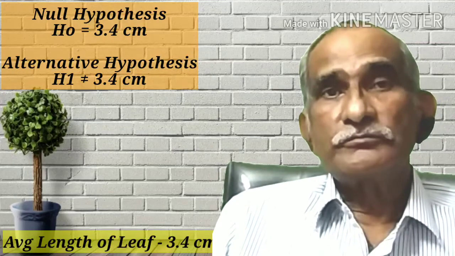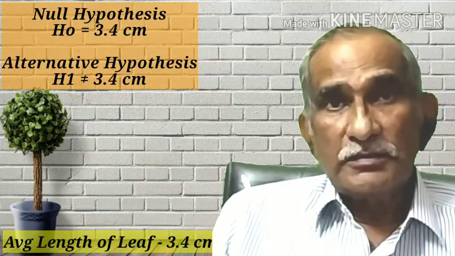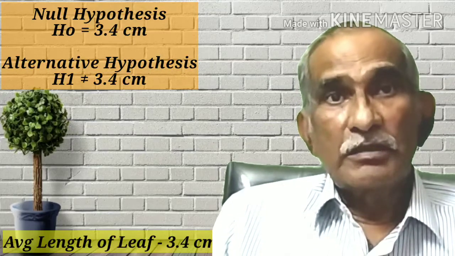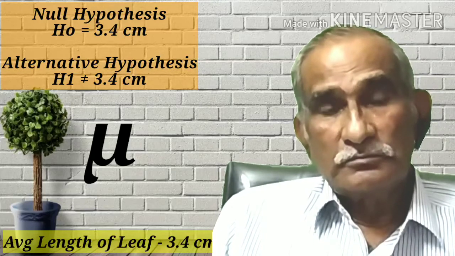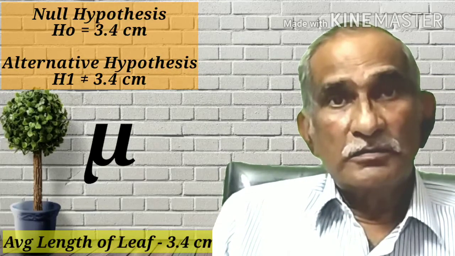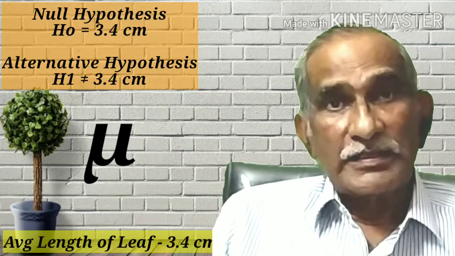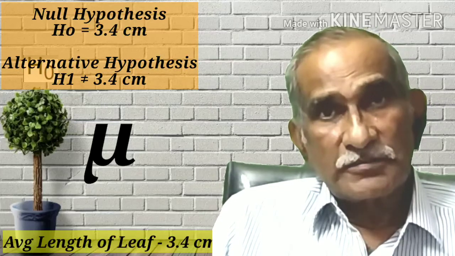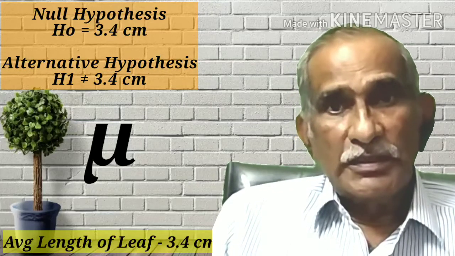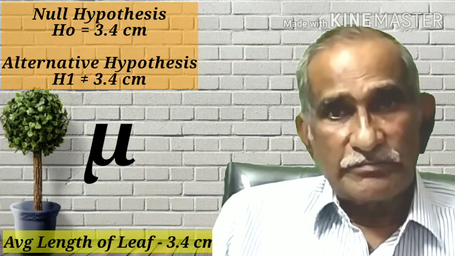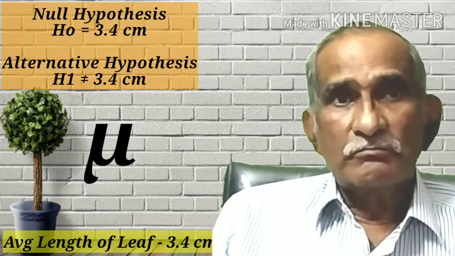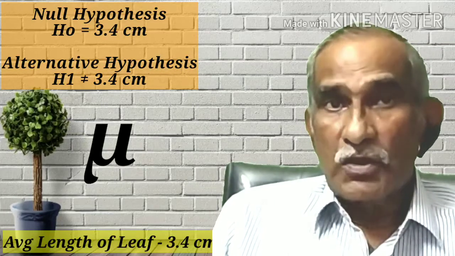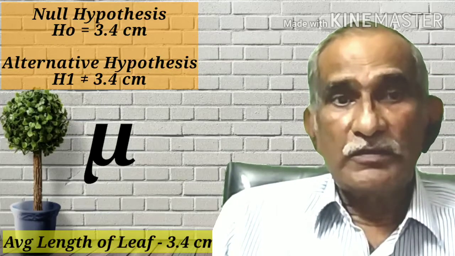If we denote the mean length of a leaf on that particular tree by mu, in short, we can say that H naught, the null hypothesis, is mu equal to 3.4 centimeter. And the alternative hypothesis is mu not equal to 3.4 centimeter.